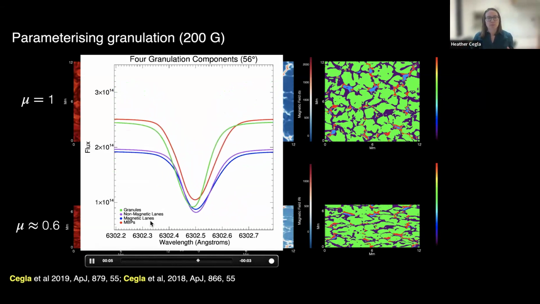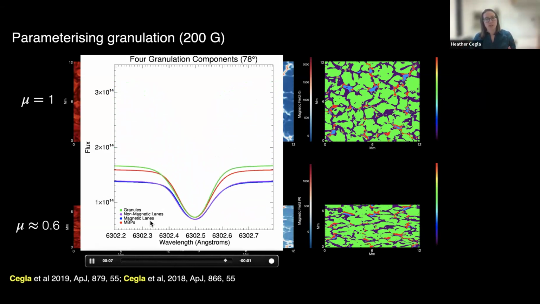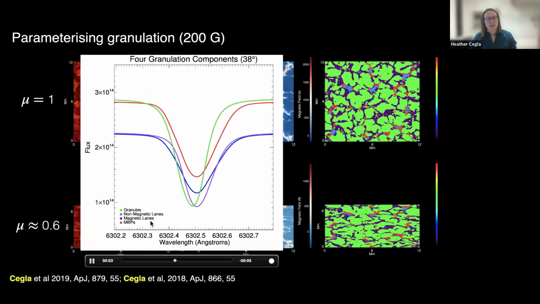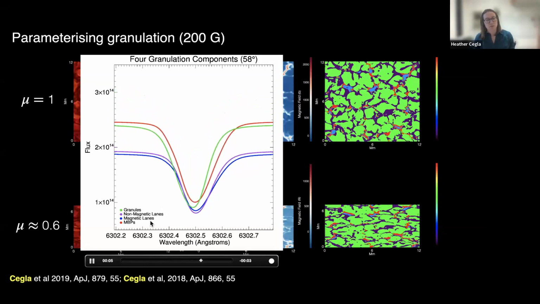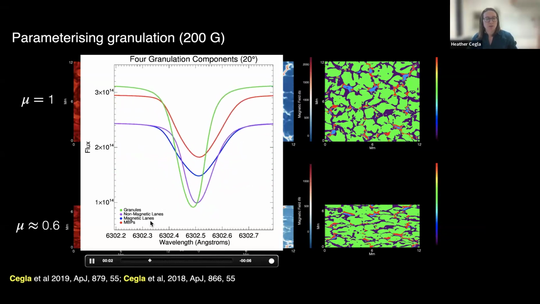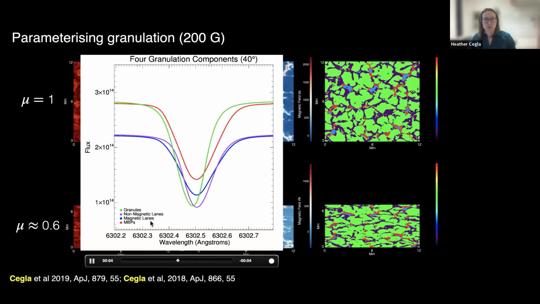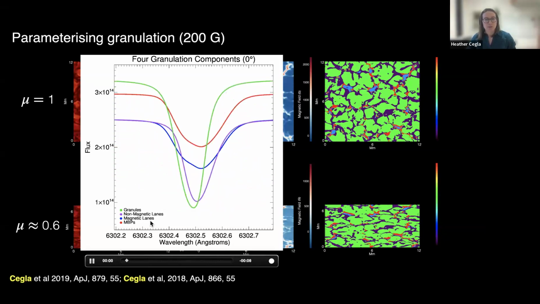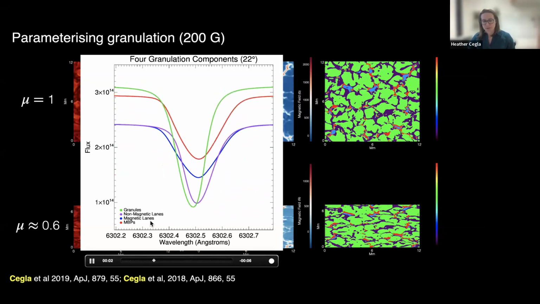And then we can use that probability distribution to generate new filling factors that would be representative of what we would get if we continued to have that simulation run over a longer period of time. So this is like a cheat code in order to generate new line profiles that would represent independent granulation snapshots.